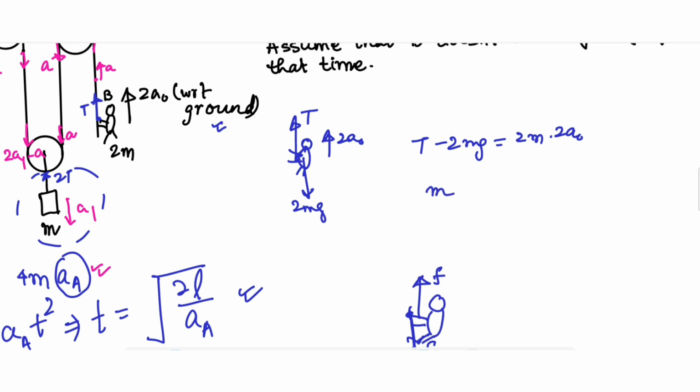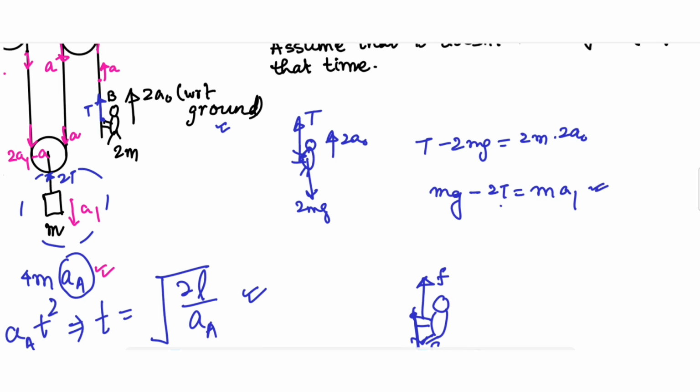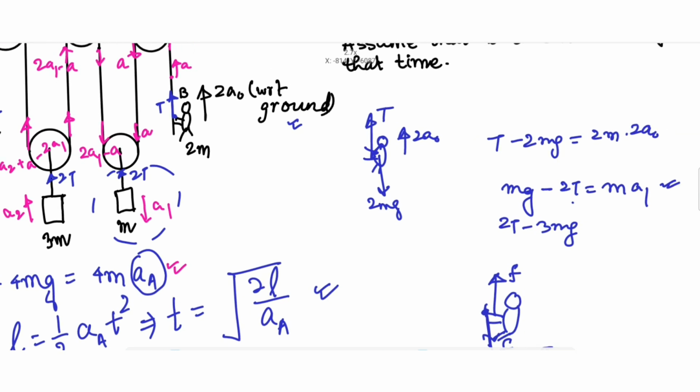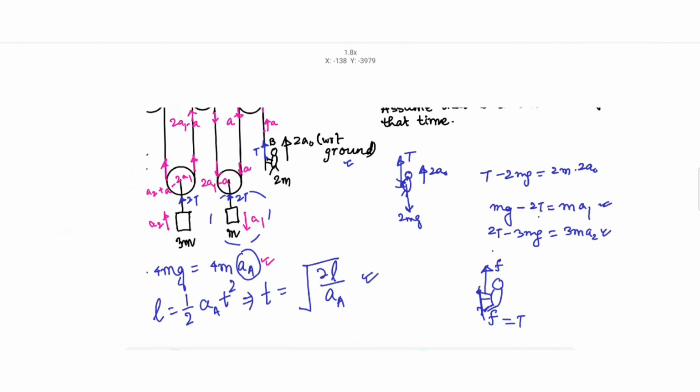We can write mg minus 2T equal to m A1. We know the value of tension, so we essentially know A1. Now if we wish to calculate A2, then we can write 2T minus 3mg equal to 3m A2. Since we know T, we also know A2. So this system is solved for this question.